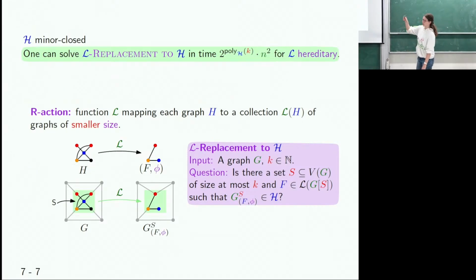Here, however, I was cheating a little bit because we have a new constraint. We ask that our replacement action is what we call hereditary.